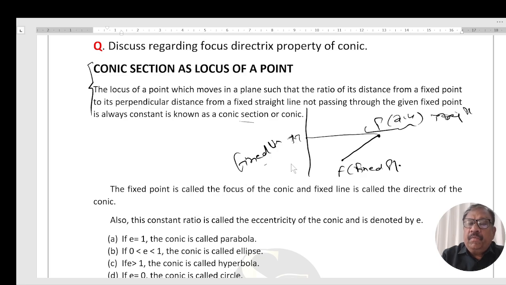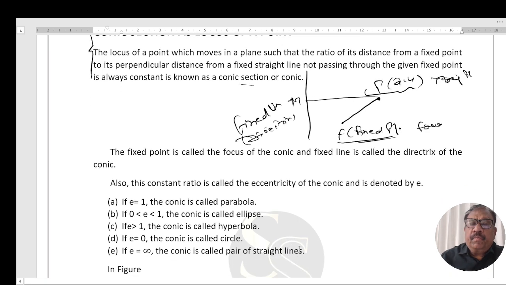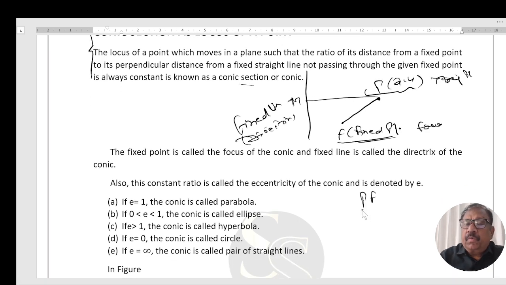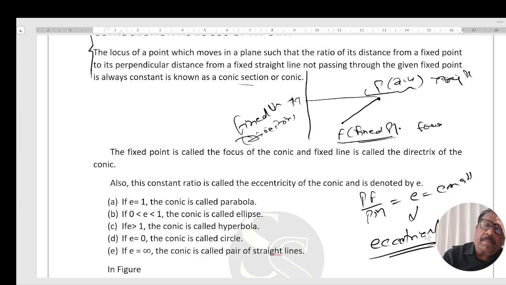The fixed line is known as the directrix. The fixed point is known as a focus. The ratio PF over PM is always equal to e, that is constant. This e is known as eccentricity.